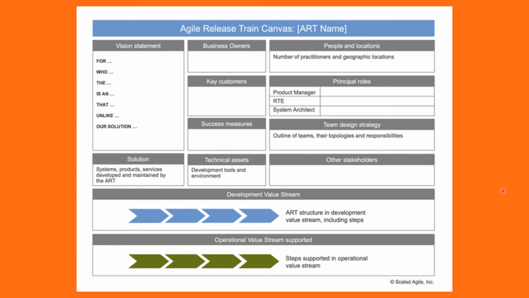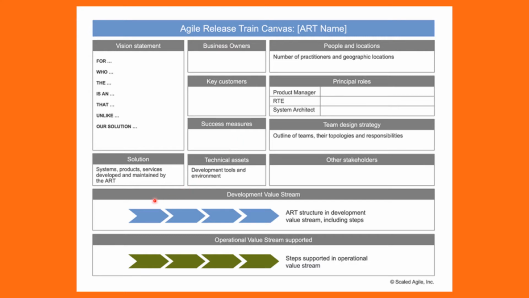First step is defining an ART. This particular picture gives an idea about how to create a canvas for the ART. It gives the details about that particular Agile Release Train, which is part of a value stream that we picked. It talks about the vision statement, who the business owners are, key customers, success measures, right?